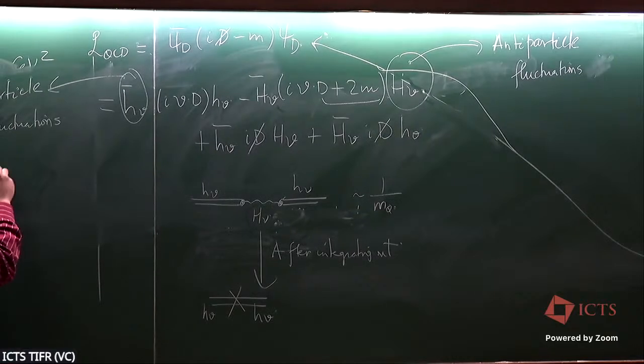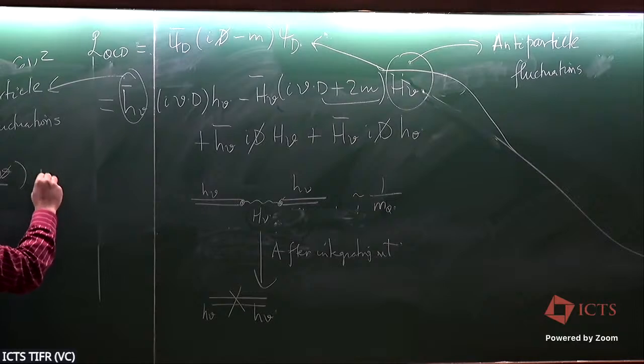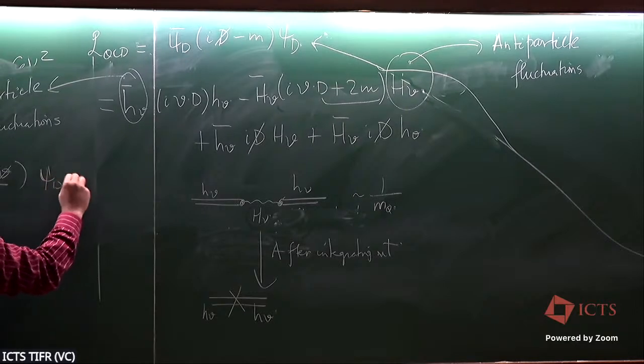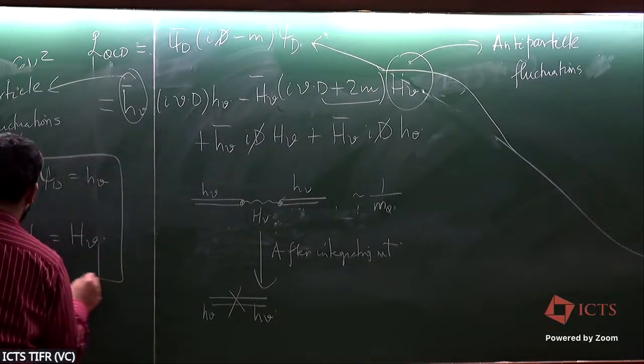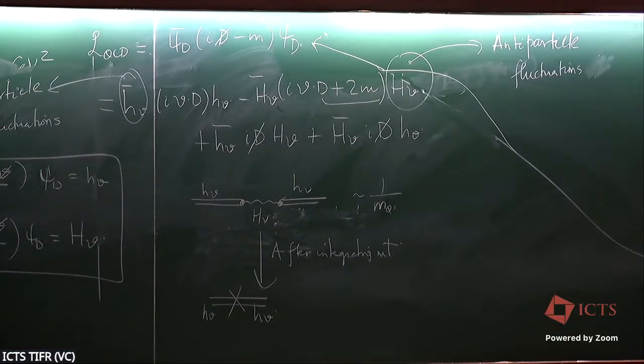This is because 1 plus v slash by 2 acting on psi Dirac gives me HV, and 1 minus v slash by 2 acting on psi Dirac gives me the capital HV. So this projector picks up the particle, this projector picks up the antiparticle.